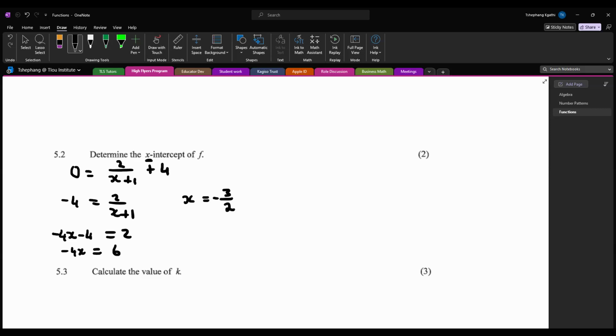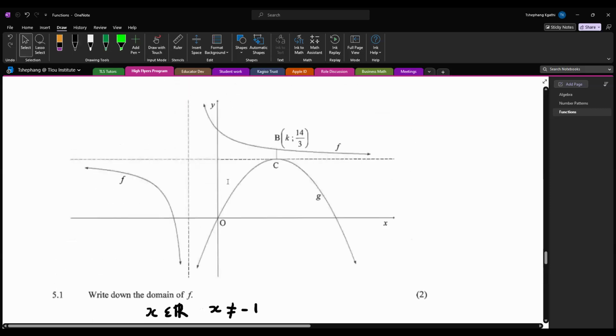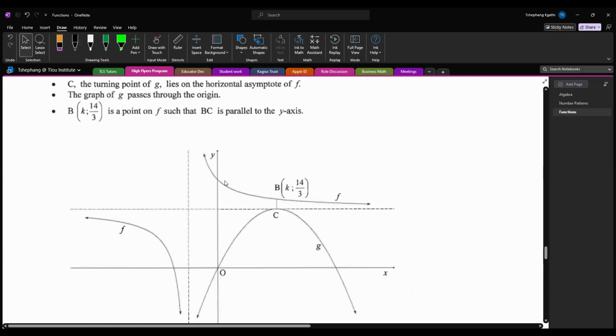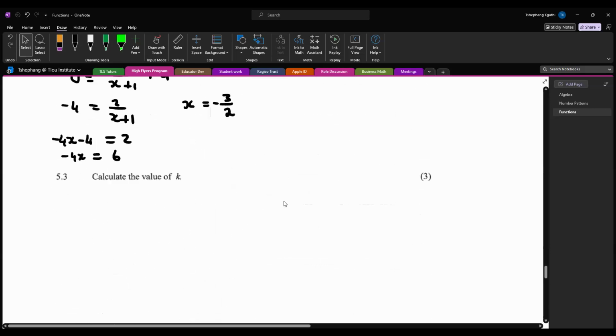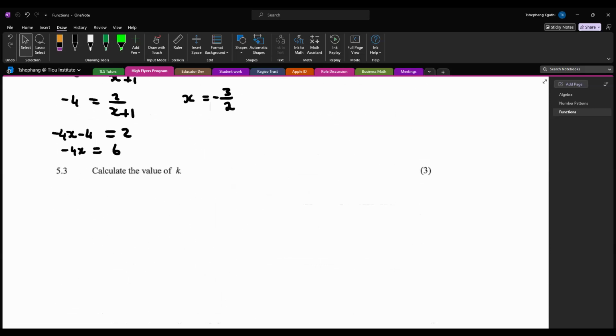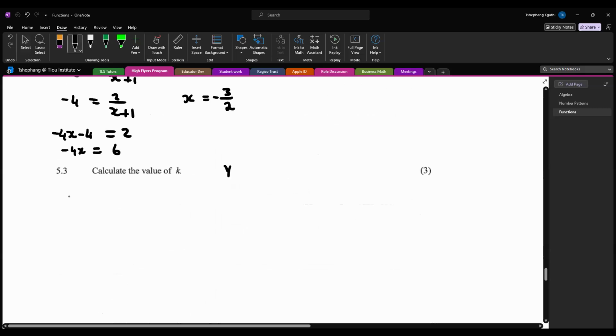Now, calculate the value of k. Let's see. What do we know about k? It is the x value when y is 14 over 3 on f. That shouldn't be a problem at all because we know our function y is equal to 2 over x plus 1, and plus 4.